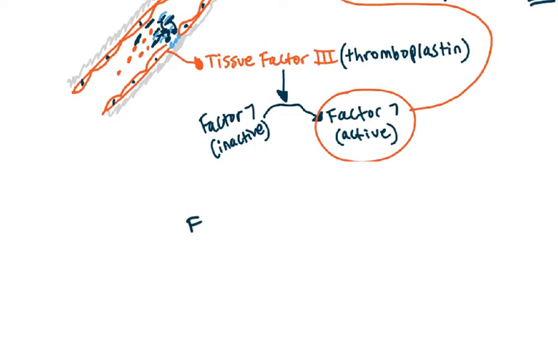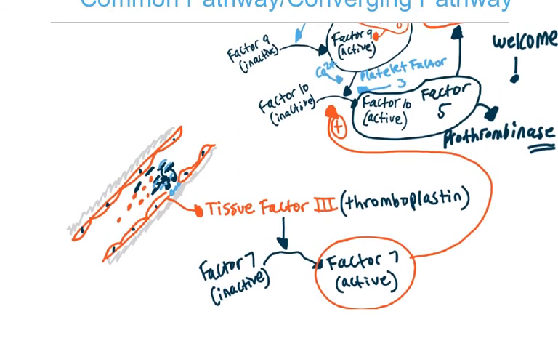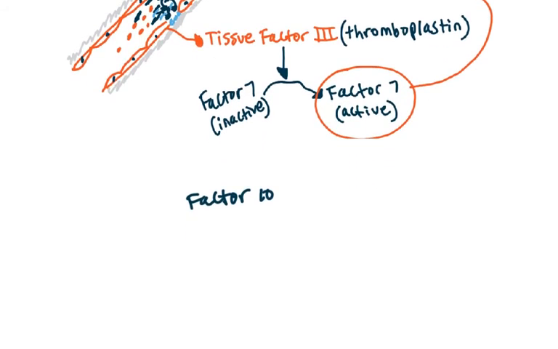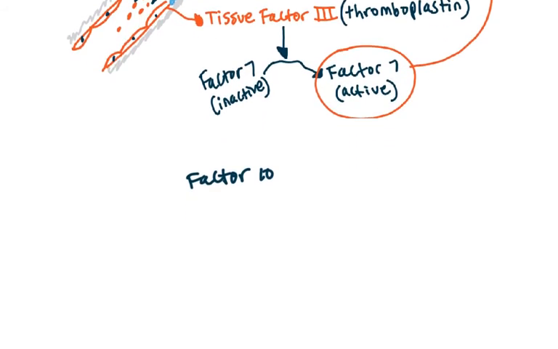We have factor 10 that's active thanks to our factor 9 and our factor 8, many things: platelet factor 3, calcium, even factor 7. So let's write that down. Factor 10 is the active form here, and it has factor 5 bound to it as a complex.